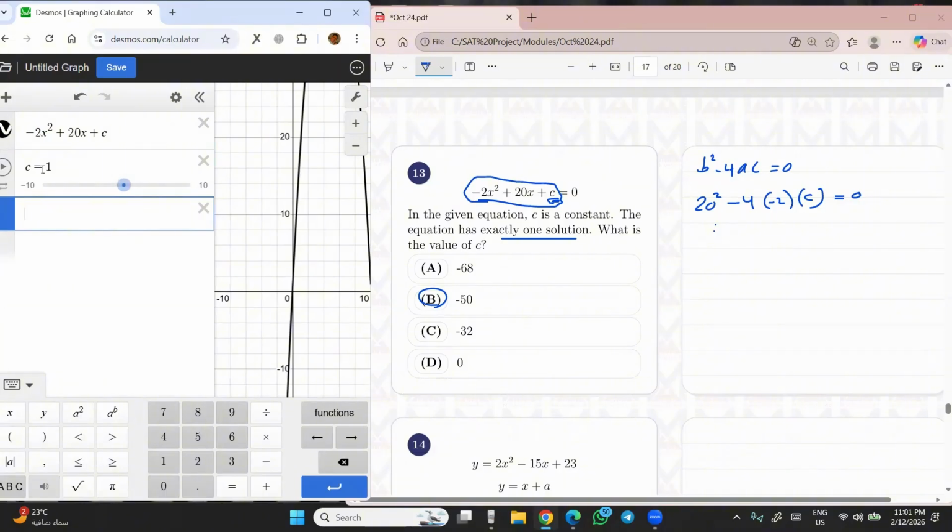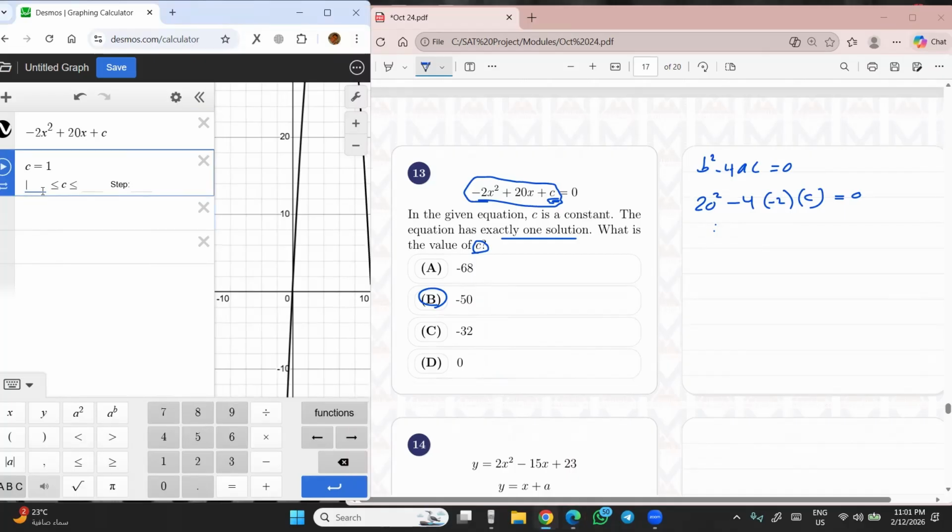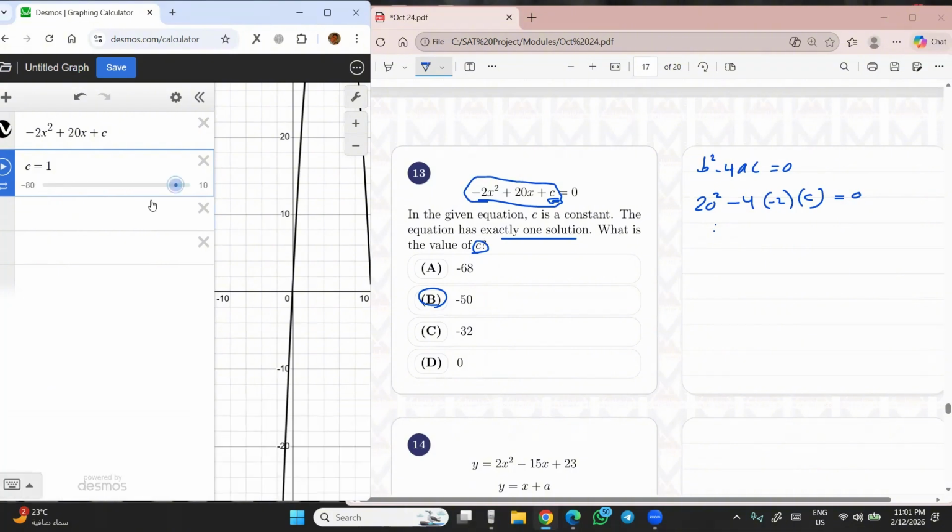And the c is written as 1 here, but we can choose a number of c. The question asks about the value of c, and the c varies between 0 and negative 68. So we can just make the slider a little bit wider, so we can start from negative 80, for example. That's optional, and then positive 10, because we can include all of these.